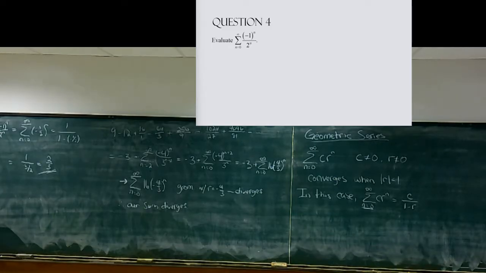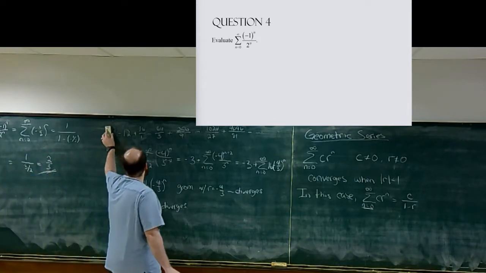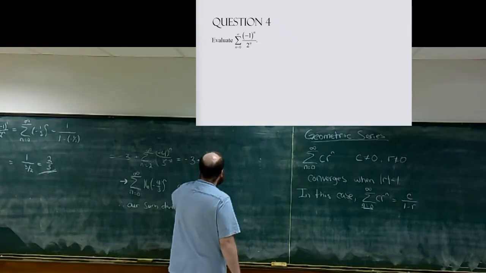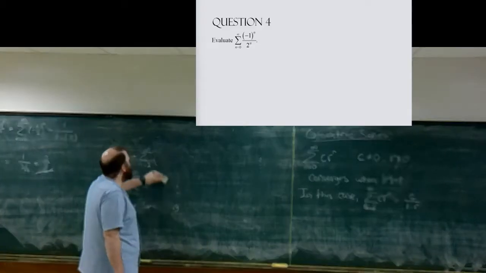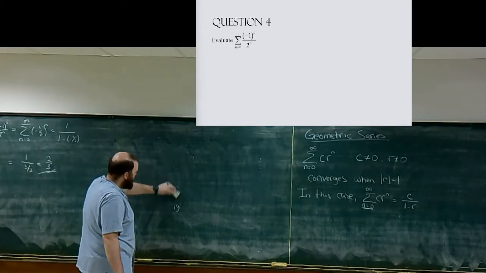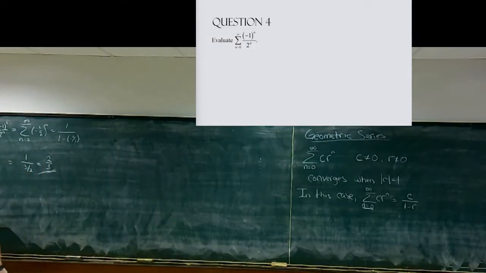There's a really cool application of geometric series. Do you remember way back in pre-calc? Actually, it's before pre-calc. Way back when you look at fractions, when you study rationals, 3rd grade?